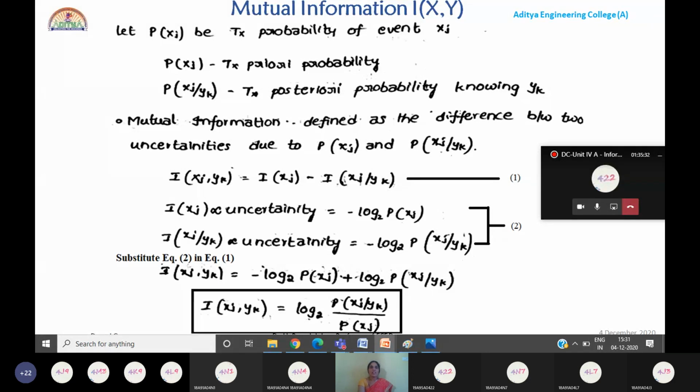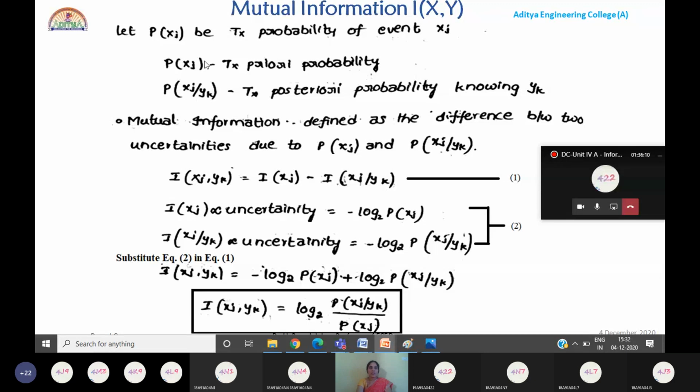So priori probability means without knowing the information, we are defining the probability of the corresponding event. The transmitter priori probability is p of xj. Here we don't know any information of yk. If you know the information of yk, we put divided by yk. P of xj by yk represents the transmitter posteriori probability knowing the information of yk.